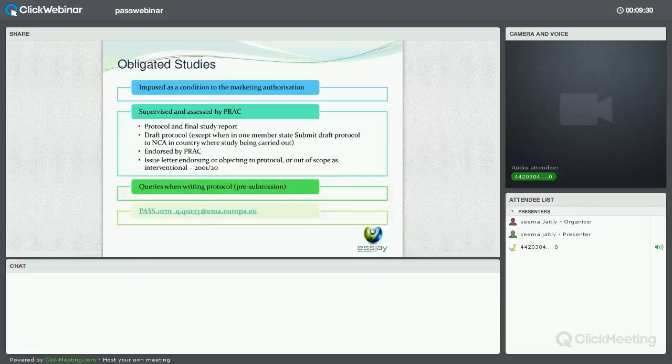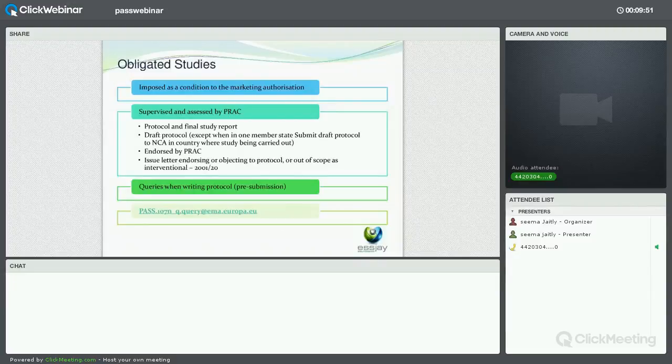And they can actually ask for joint studies as well if you've got more than one marketing authorization holder. So what normally happens is that there's a review, there's a decision that you need to perform a post-authorization safety study, and that would be supervised and assessed by the Pharmacovigilance Risk Assessment Committee.